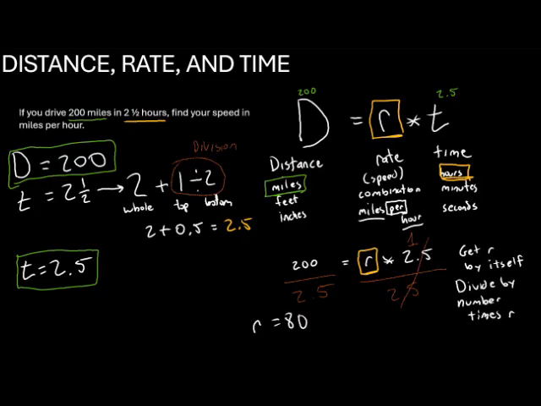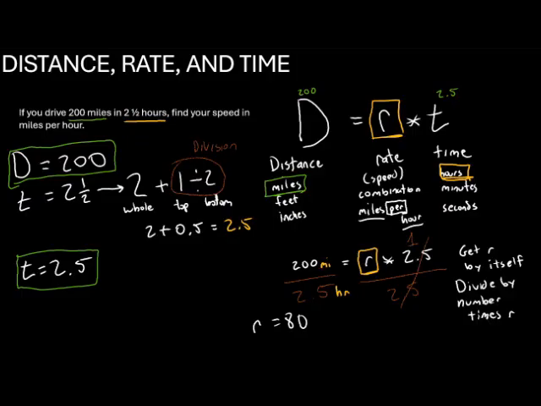It's not enough just to say 80, though, because we also have to put the letters next to the number. To place the right letters, we remind ourselves that the distance was in miles. That was the 200. We'll place mi for miles next to that. The 2.5 was hours. That's what we boxed in above. We'll place hours next to that.